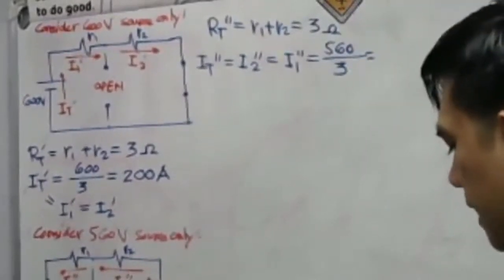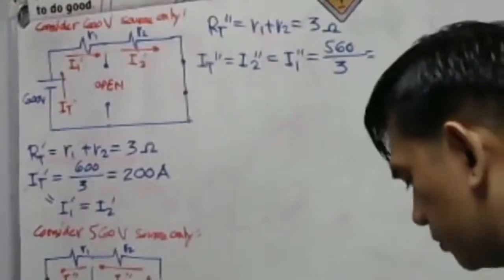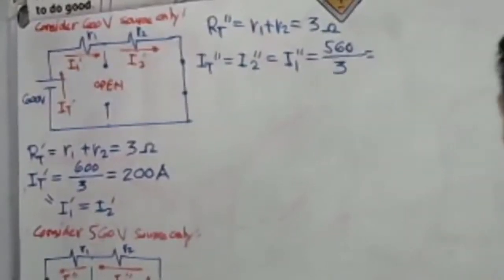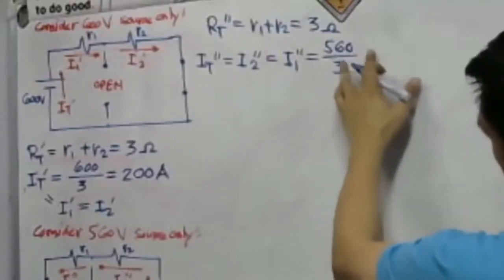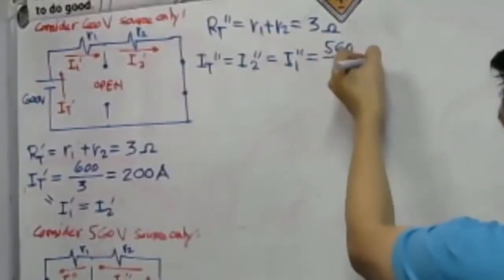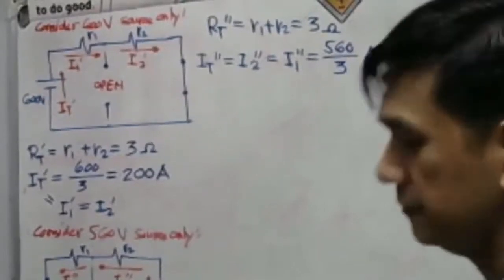If I make it a fraction, it is still 560 over 3. Let it be. This will be our ampere.